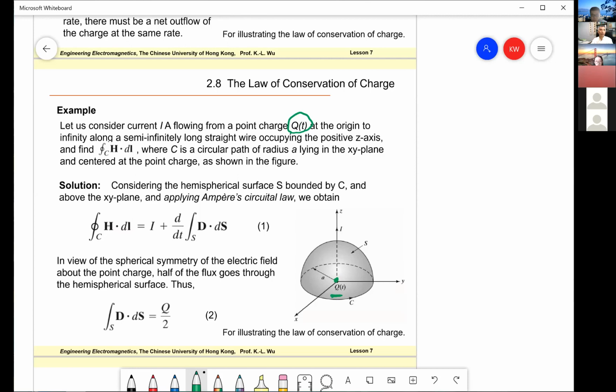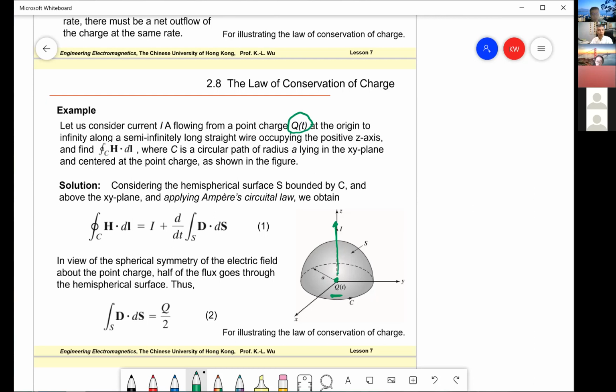If the charge changes with time, that means it may either increase or decrease. If it decreases, that means we have a current going out. So where does the current go? We assume the current can go in any direction, so let's say the current goes along the Z direction.